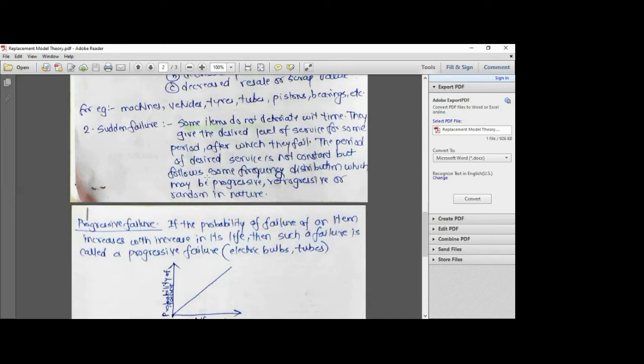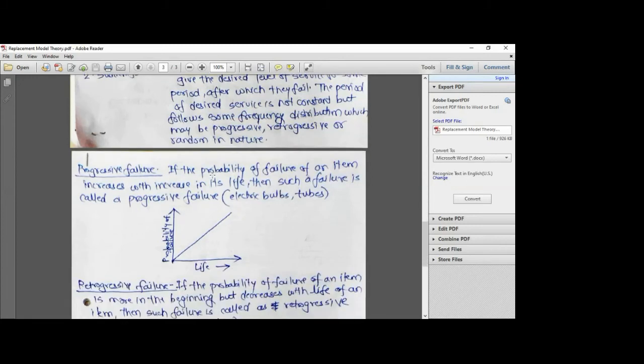So though this equipment is going to fail suddenly, it is going to serve us for some period, after which it fails. And this period of the desired service does not remain constant, but follows some frequency distribution, which may be progressive, retrogressive, or random in nature.